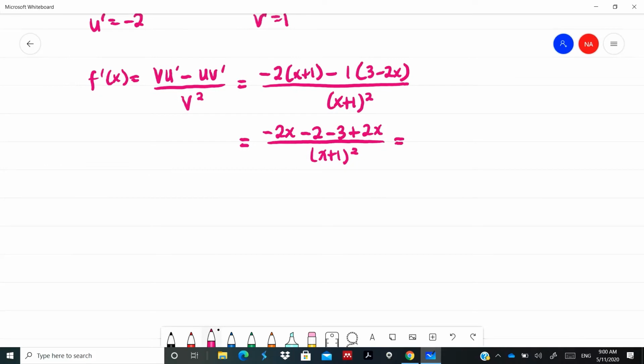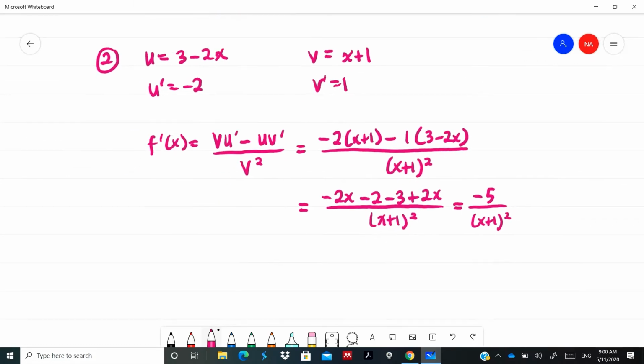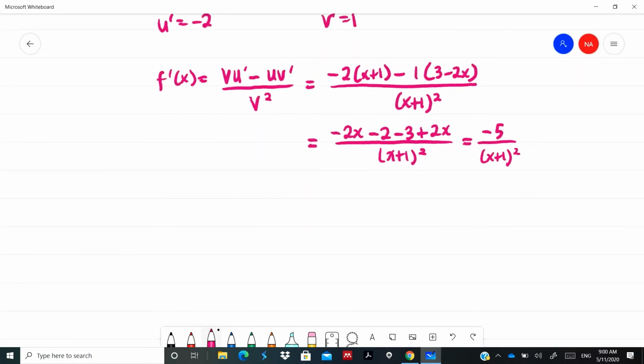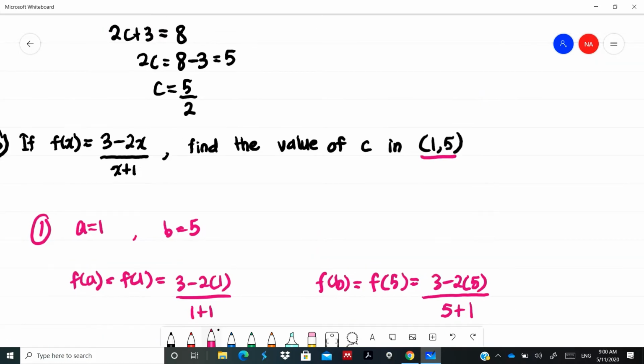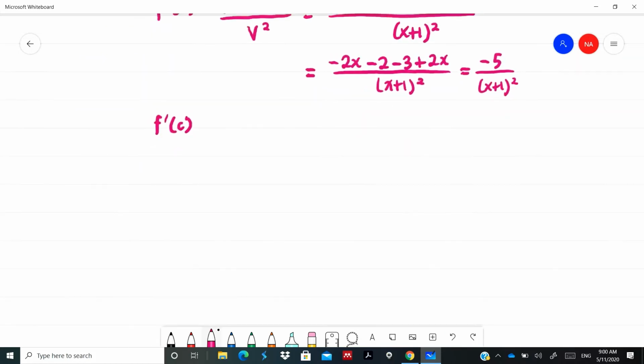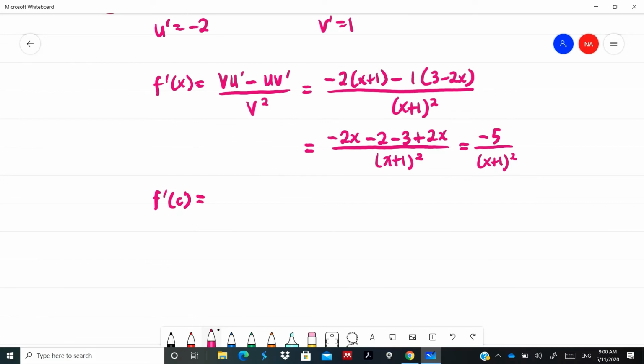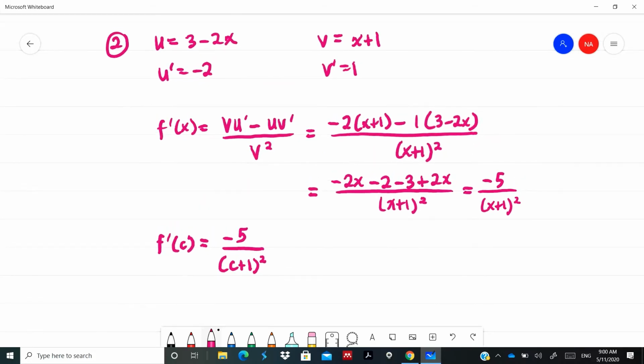The negative 2x and 2x cancel, so we get negative 5 over x plus 1 to the power of 2. Please note that after finding f prime of x, because we want to find the value of c, we have to substitute the value of x with c. So we have negative 5 over c plus 1 to the power of 2. So we have f prime of c equal to this.